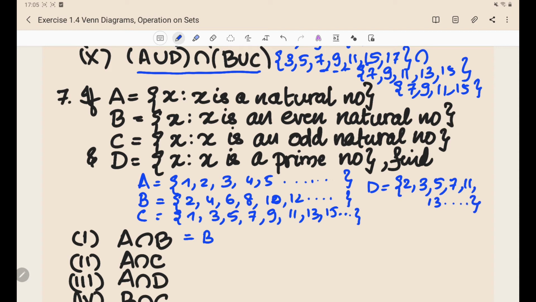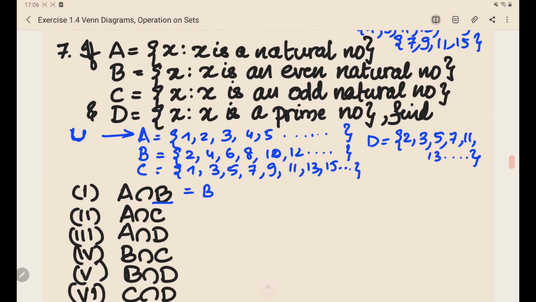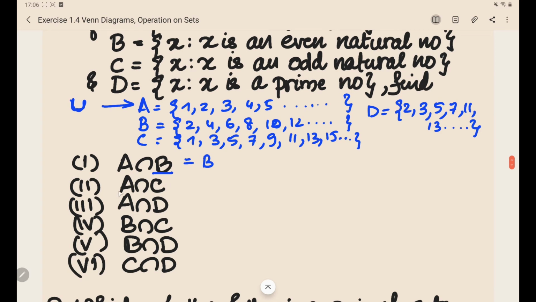Again, if you take A intersection B, what will you get? Actually, what you can see is that A is like a universal set in the problem. So if you take the intersection of the universal set with any set, you will get that same set itself. So A intersection B is B itself. Again, what is A intersection C here? Again, as I said, A is actually like a universal set.